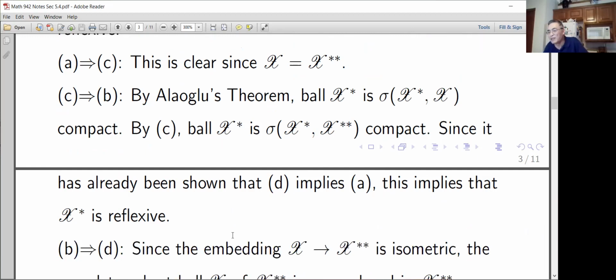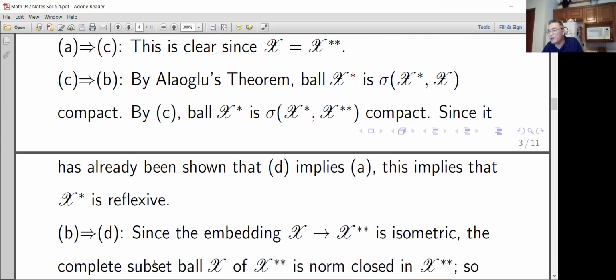So now let's recall the observation from the beginning of the section. It says that the embedding from X to X double star is isometric. This means norm invariant. Since this is norm invariant, ball X, because X is a Banach space, that means it's complete. So ball X is a complete set.